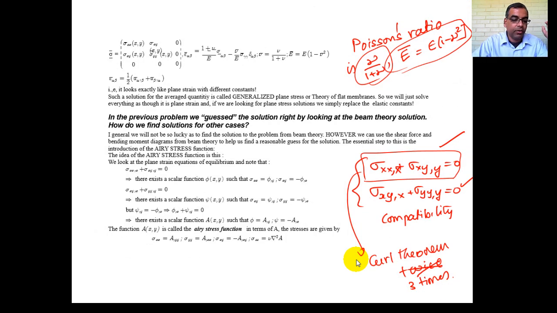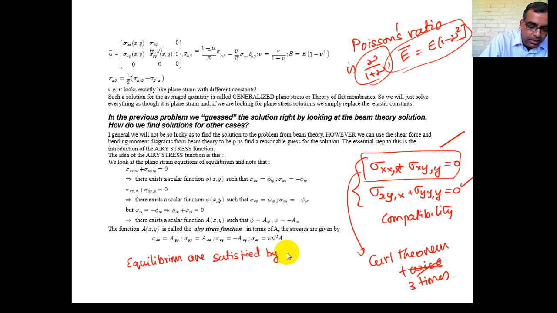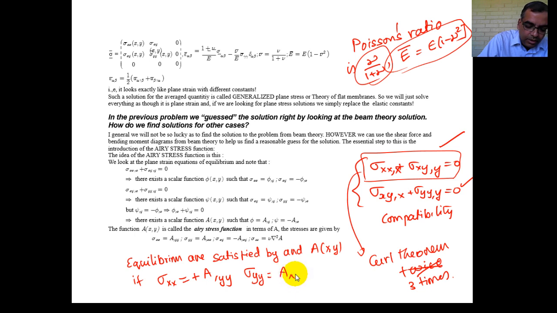Okay, so our idea is equations of equilibrium are satisfied by any A of x comma y if sigma xx is plus A comma yy, sigma yy is A comma xx, sigma xy is minus A comma xy.